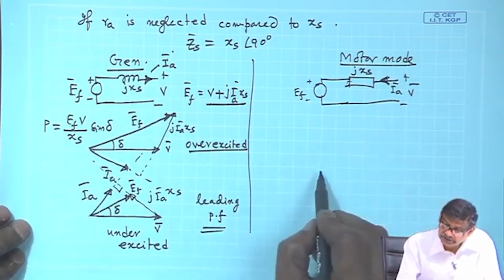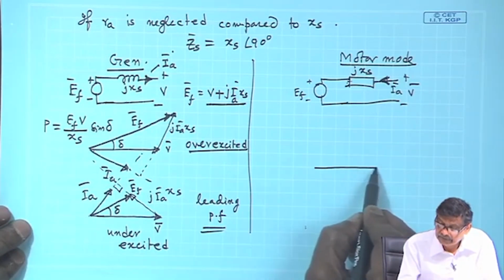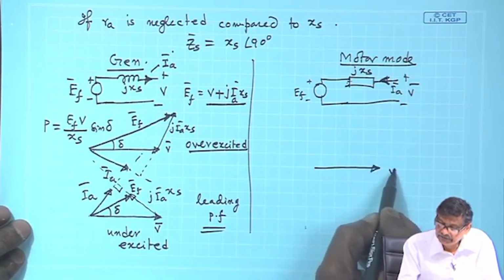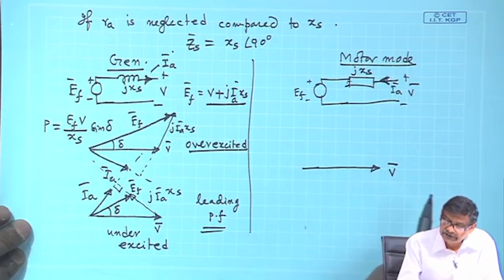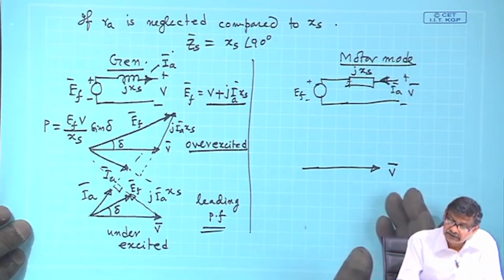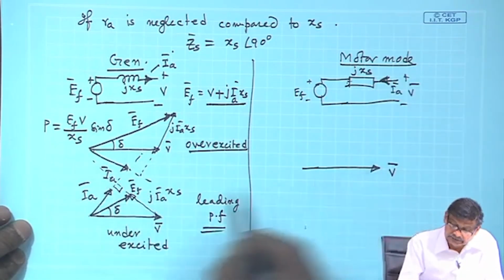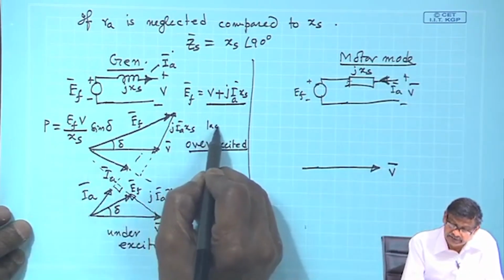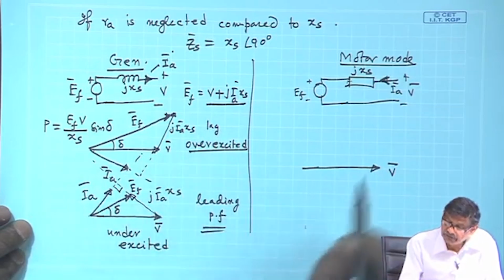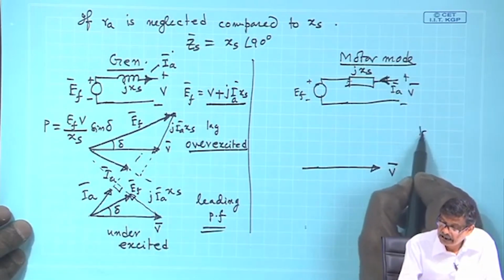Then what I will do? I will once again start from the terminal voltage V. Suppose the motor is drawing a lagging power factor. So, this was lag, this was leading power factor. So, suppose lag power factor.